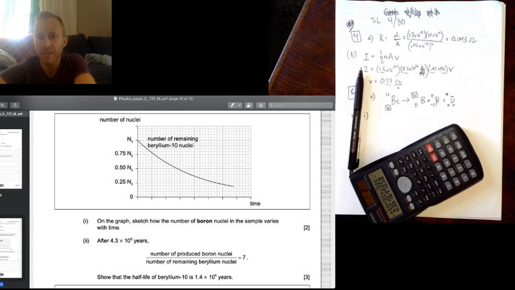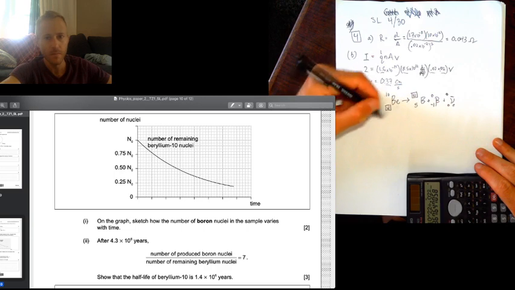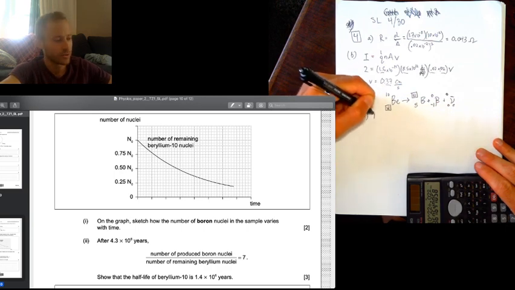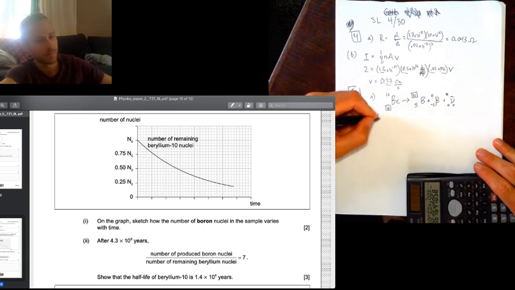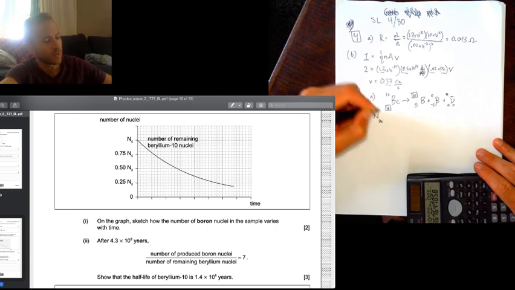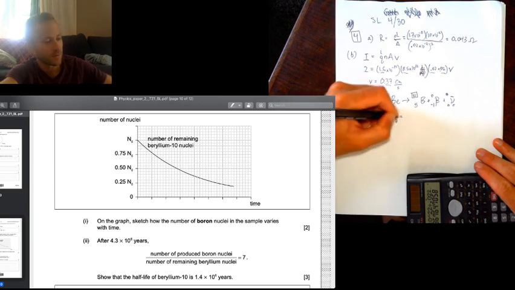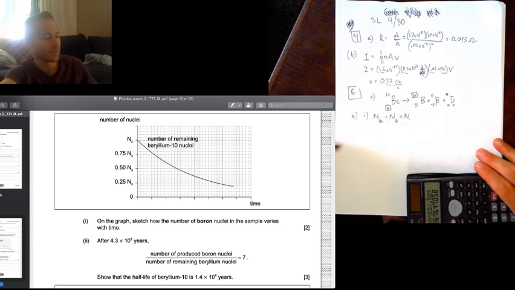But the beryllium-10 is going down and the boron is going up. So their sum has to add to the initial number. So the number of beryllium plus the number of boron has to equal the original number of nuclei.